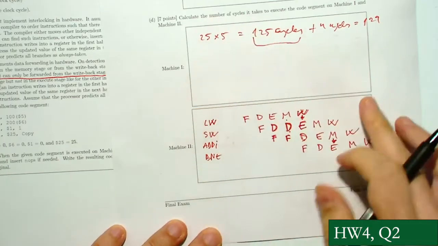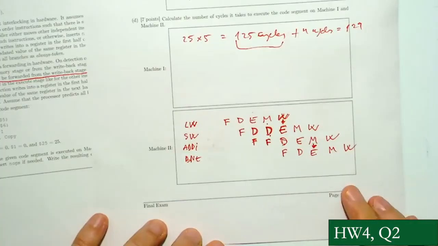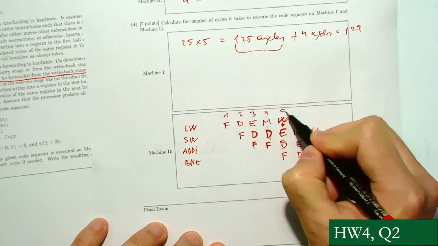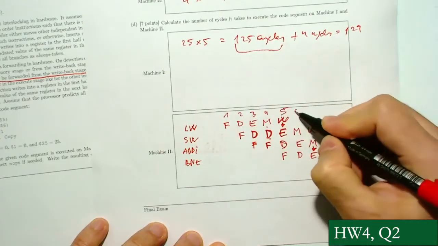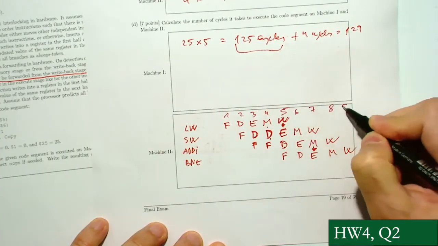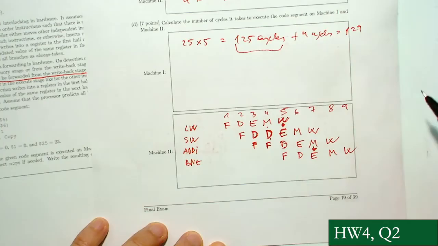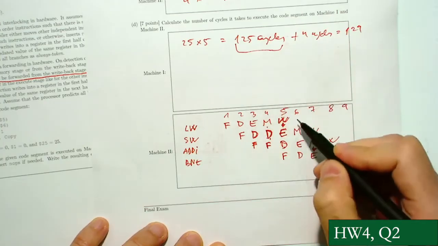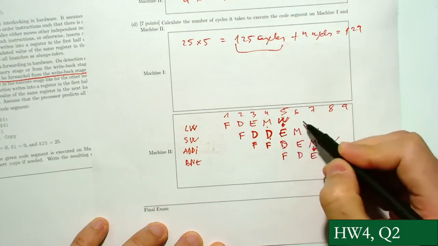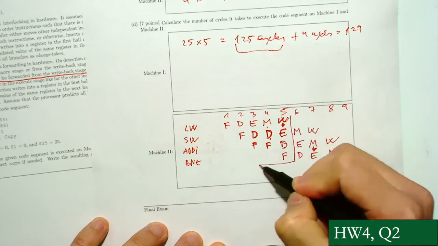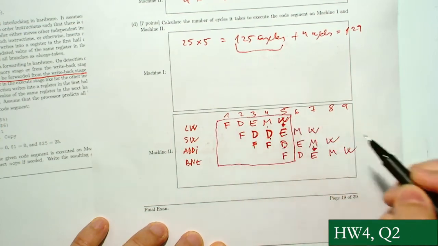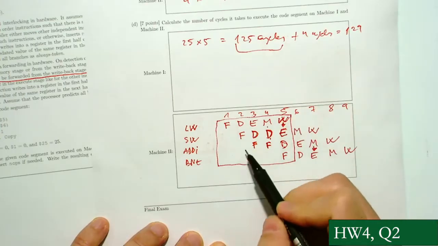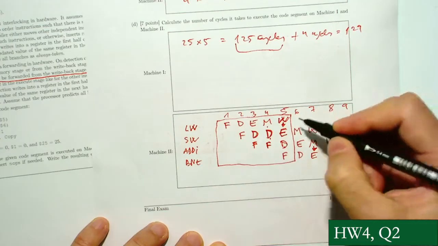So the question is asking for the number of cycles. We have 1, 2, 3, 4, 5, 6, 7, 8, 9 cycles. So in each loop, we need 5 cycles.